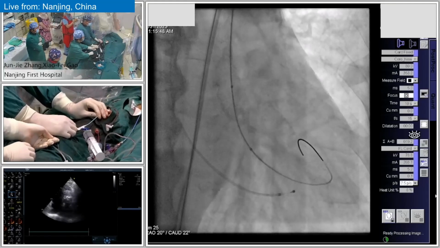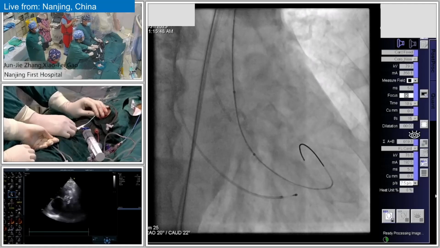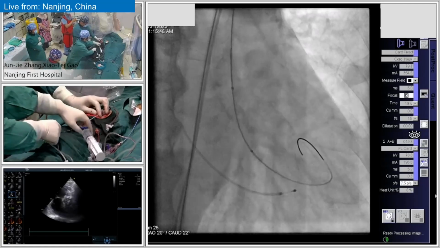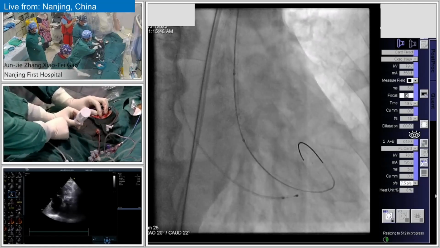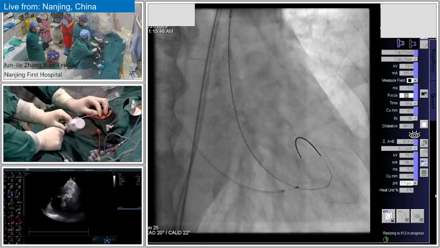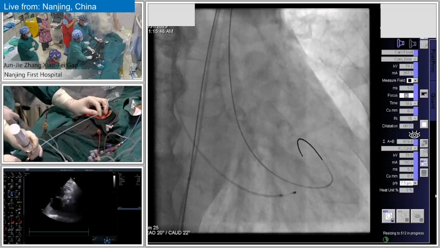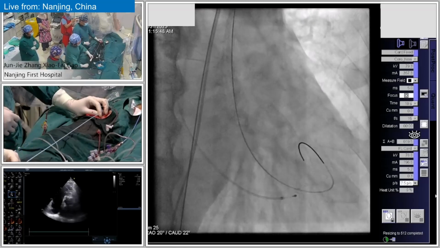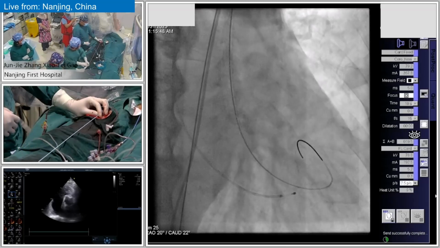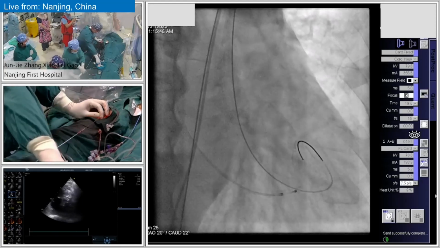Okay. We have successfully done the balloon dilation with a 20 millimeter balloon. After that, we will do the TAVI for this case.